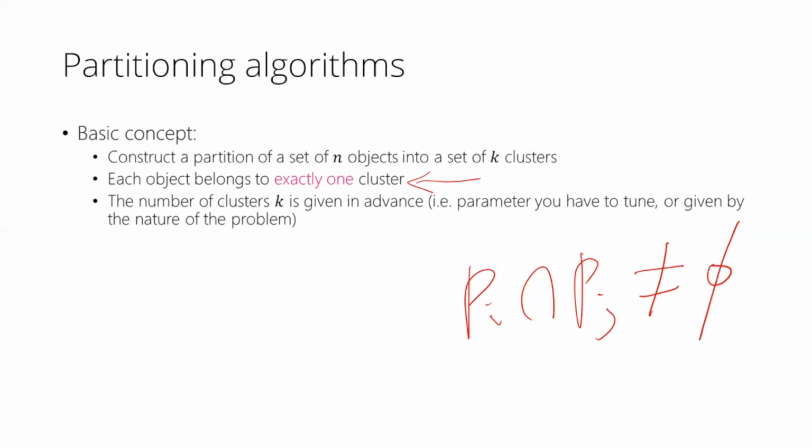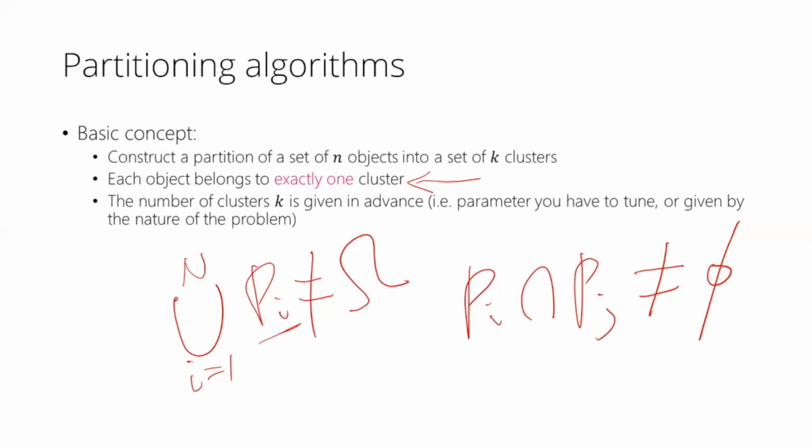Or if there's an object that doesn't belong to any of the clusters, then there is a subset of objects that doesn't belong to any of those P_i, so the union of the P_i is still going to exclude that object.